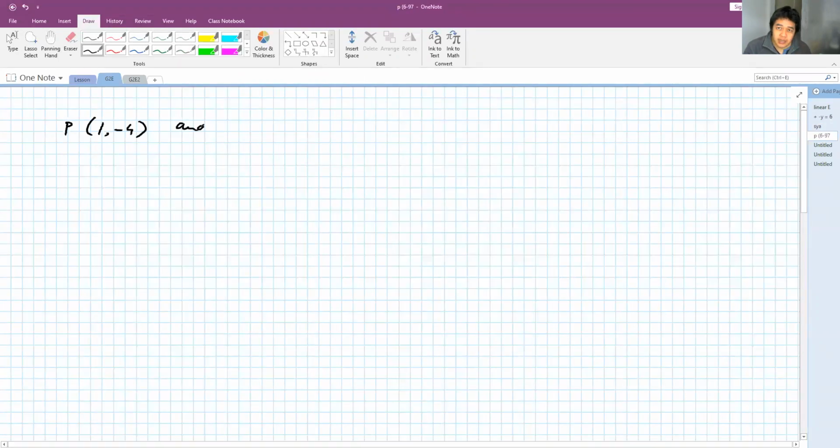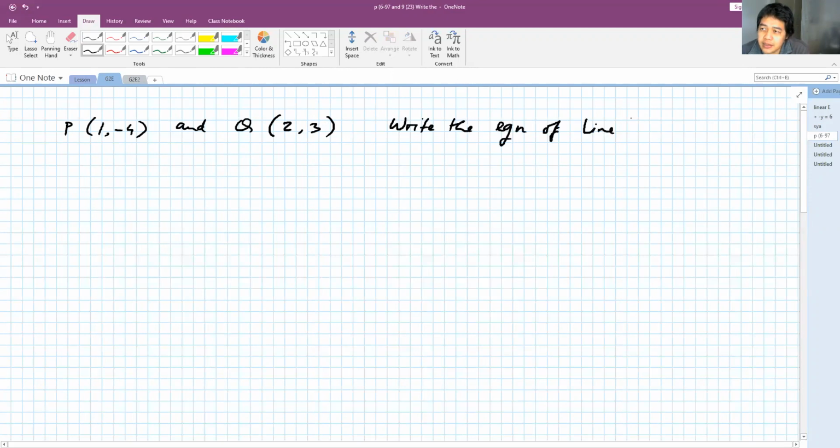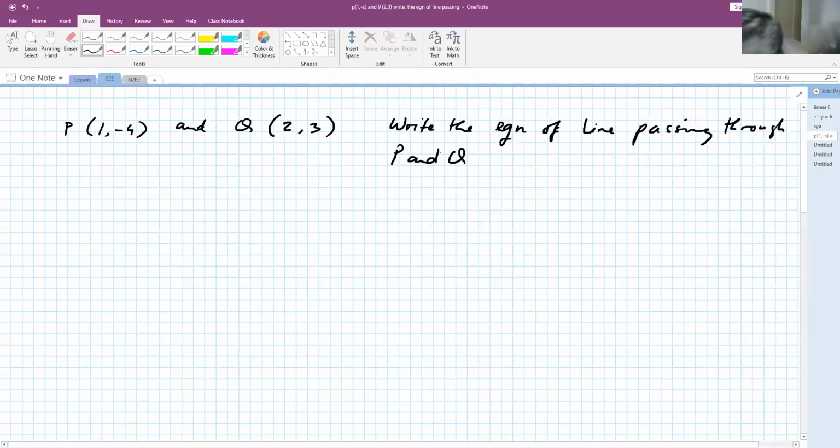And the second one, we have point Q, located at this coordinate. Now, the question is: write down the equation of the line passing through P and Q.